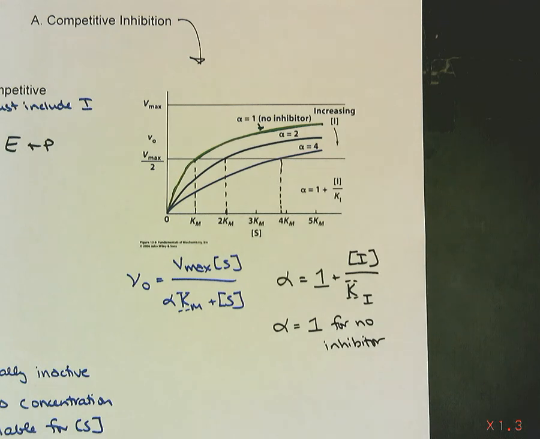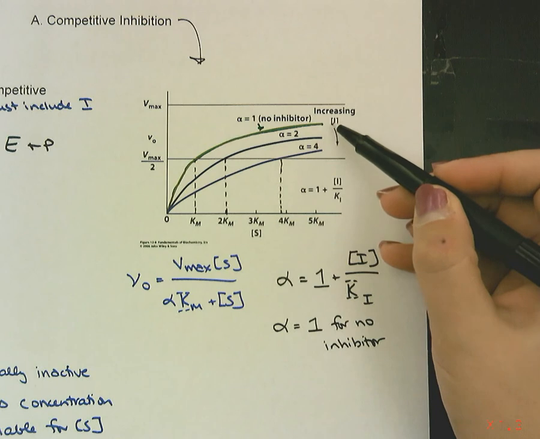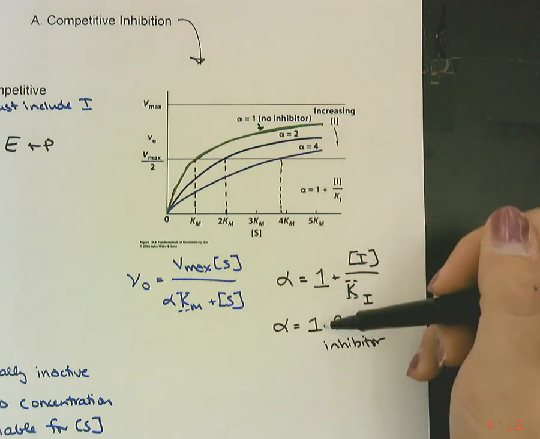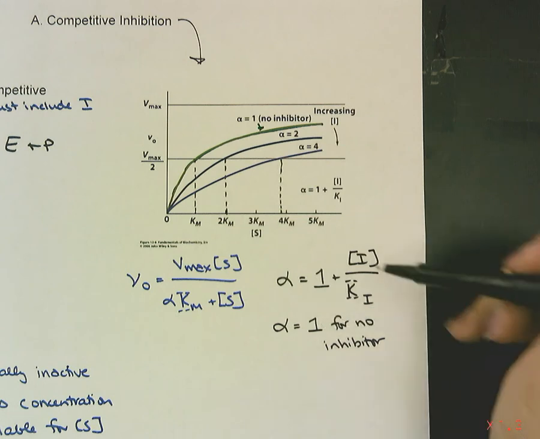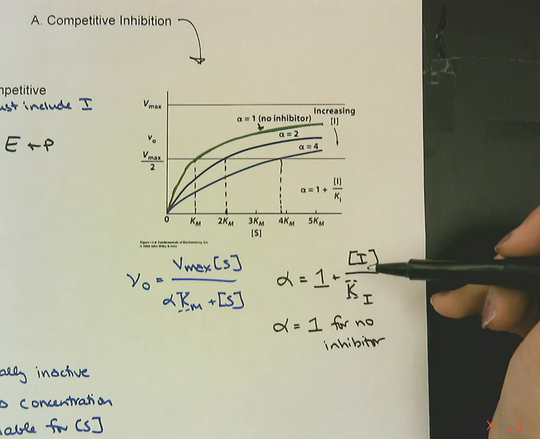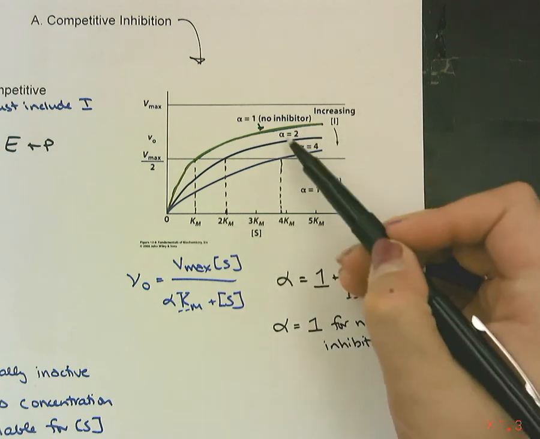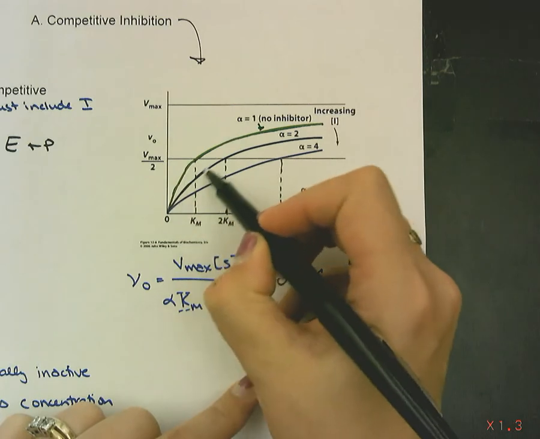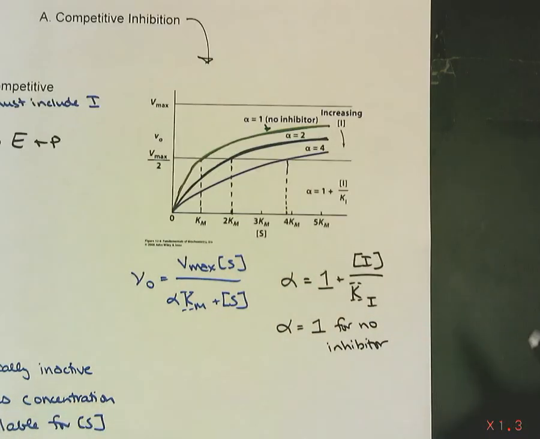As I add inhibitor, so I'm increasing inhibitor, alpha goes up from 1. If I now have a concentration of inhibitor, alpha has to get bigger. And so I'm going to look at alpha equal 2, and so my reaction is now here.